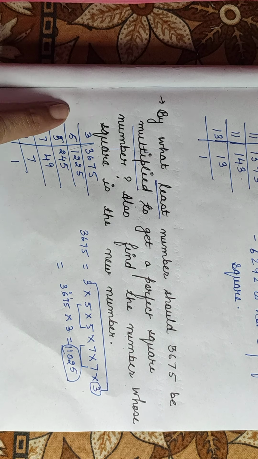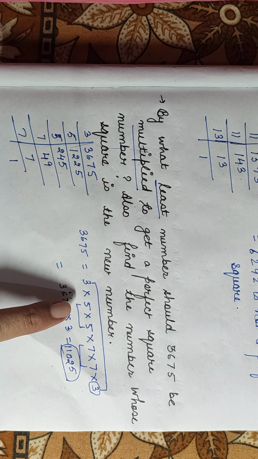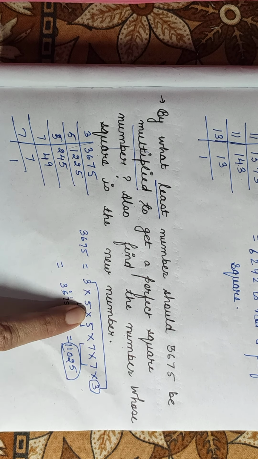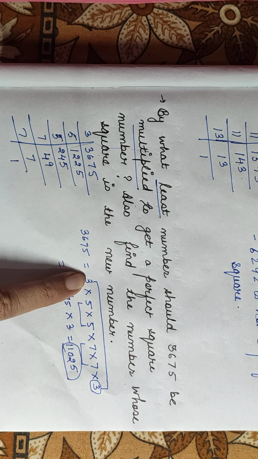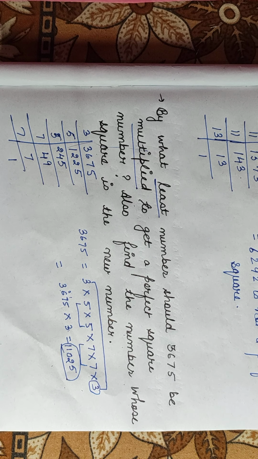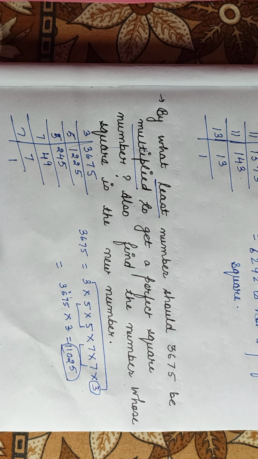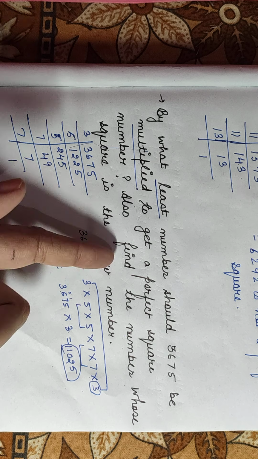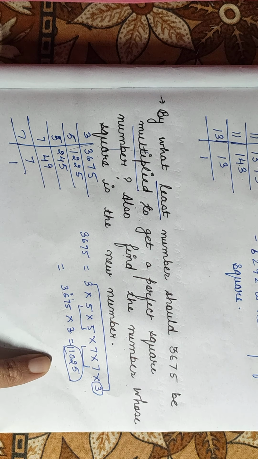3675 has the factors 3 into 5 into 5 into 7 into 7. Okay, 5 has a pair, 7 has a pair, but 3 doesn't have a pair. So it is clear that we need to multiply by 3 and we will get a new number that will be a perfect square. So now next we need to find a number whose square is this new number.